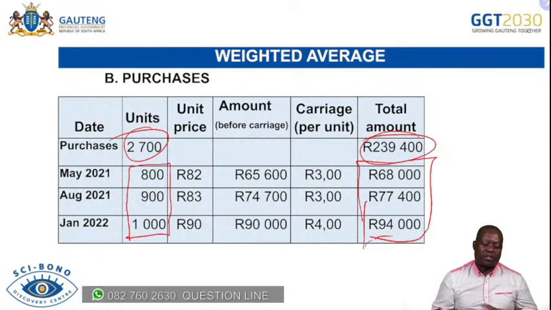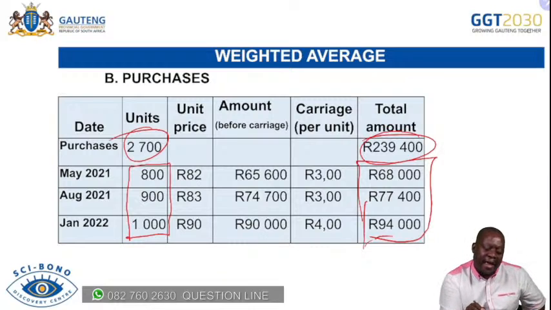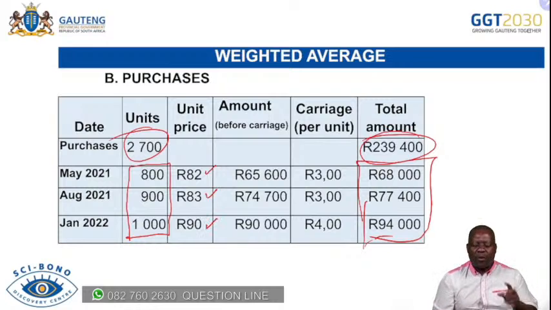But please take note. The price per item is changing: 82 in May, 83 in August, 90 in January. But I want to bring something new here. They are also having carriage.